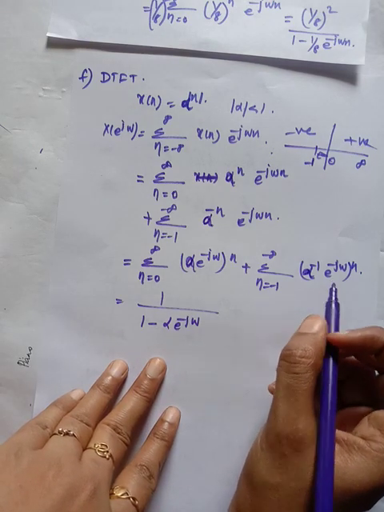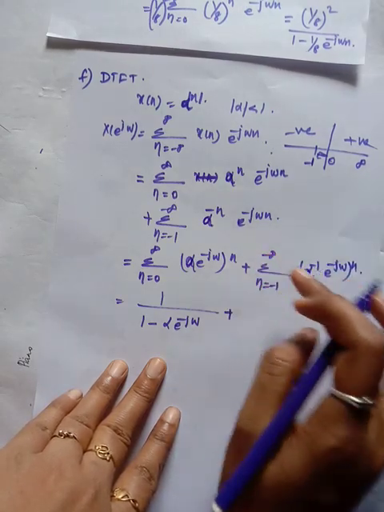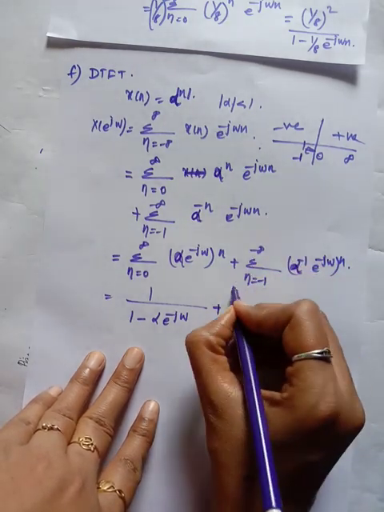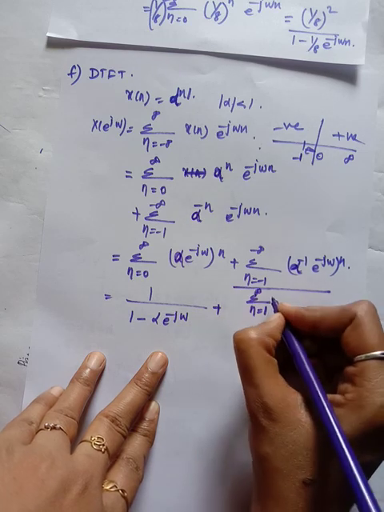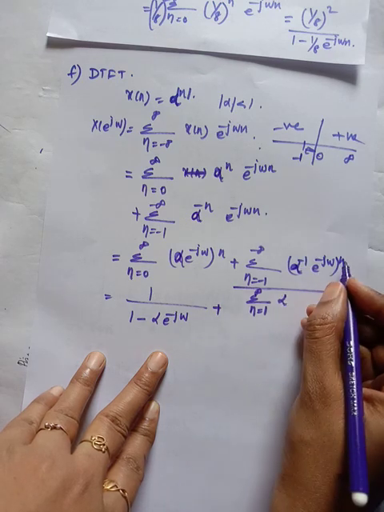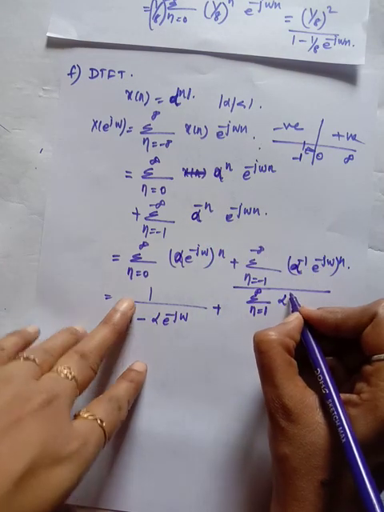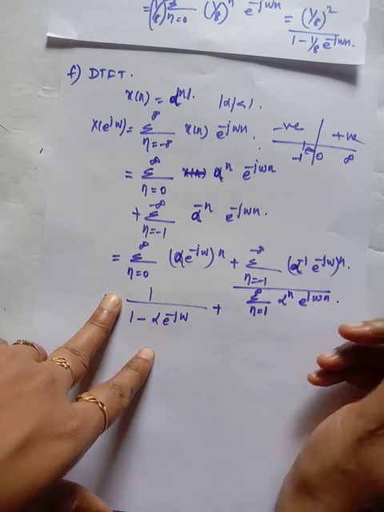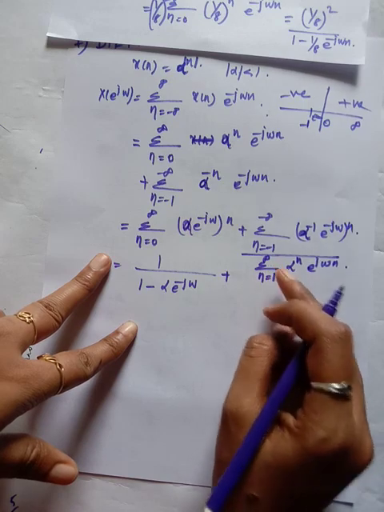To apply this formula to the negative side, instead of this term I can write summation from 1 to infinity, and I can change the negative term: if it is n, you can write it as minus n. So here it is alpha power n e power j omega n, but the term is from n equals 1 to infinity.